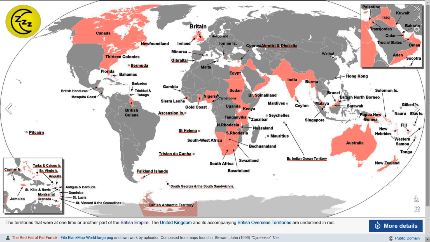Malacca joined the empire in 1795, and Sir Stamford Raffles acquired Singapore in 1819.